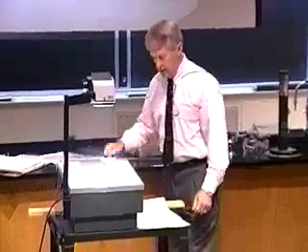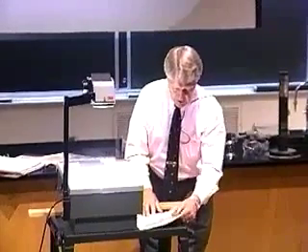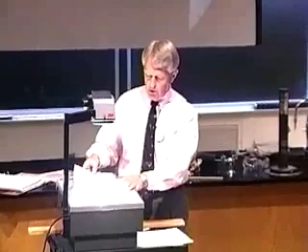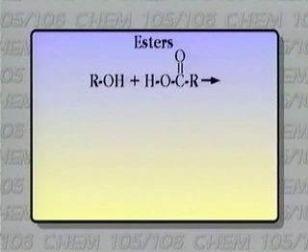The last topic in the chapter deals with reaction of some organic compounds. The particular organic compounds that we're going to look at reacting are alcohols reacting with organic acids, carboxylic acids as we defined them before.